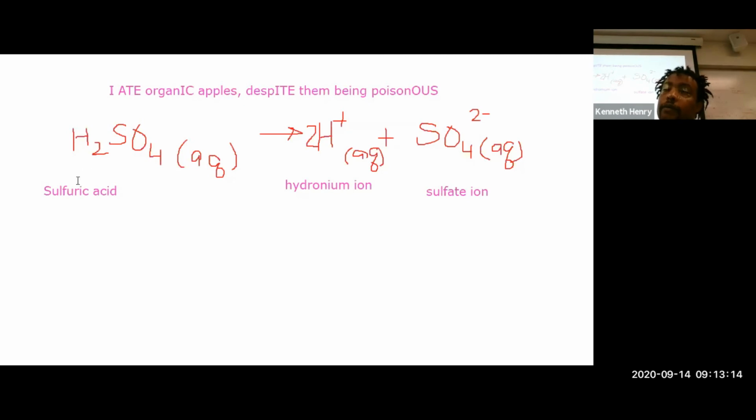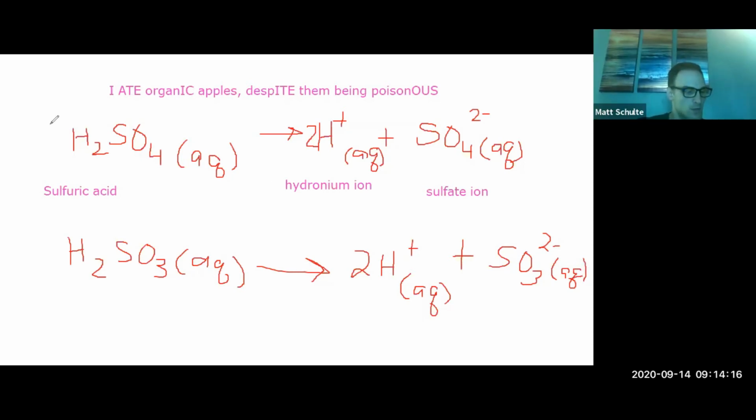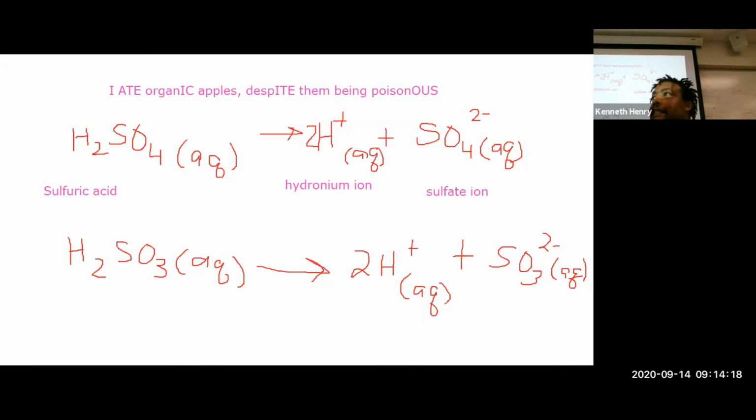Okay, so are we good? You got it? So if I have this guy, what is it called? Sulfite. Okay, so it's called the sulfite ion. Okay, we know that this one is the hydronium still.